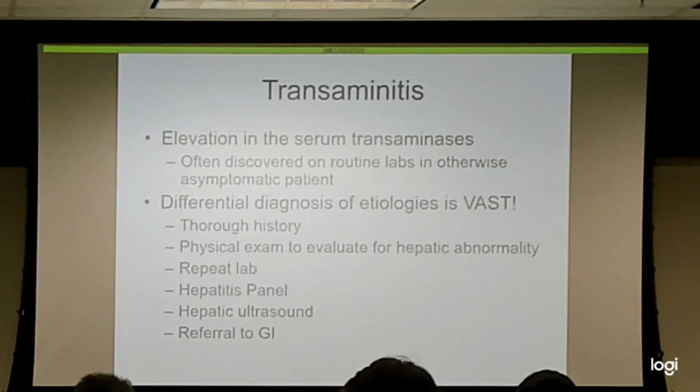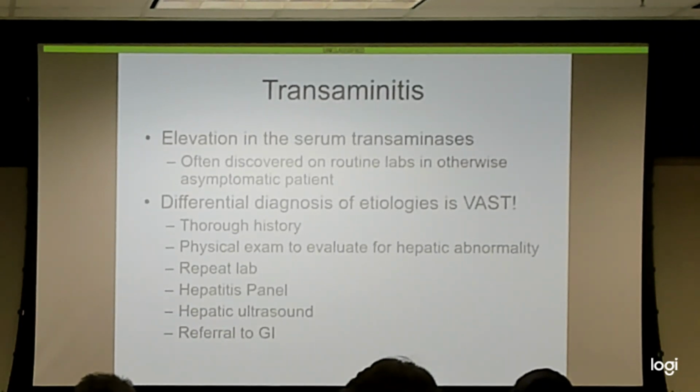Often discovered on routine labs in otherwise asymptomatic patients. So you might see that it's an incidental finding. Your differentials are vast, so you need to do your thorough history, your PE, your evaluation for hepatic abnormality. Repeat the lab if you're in question.